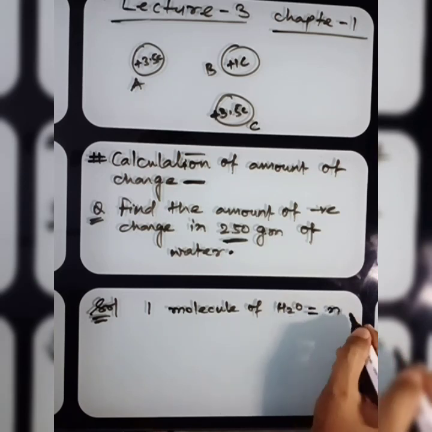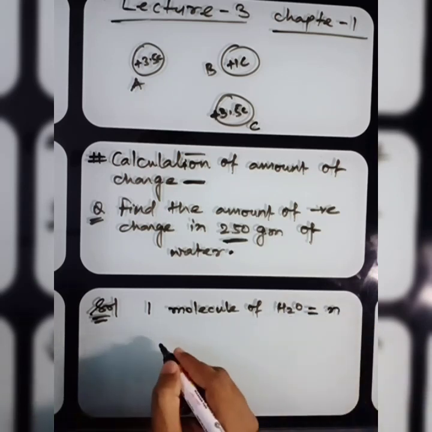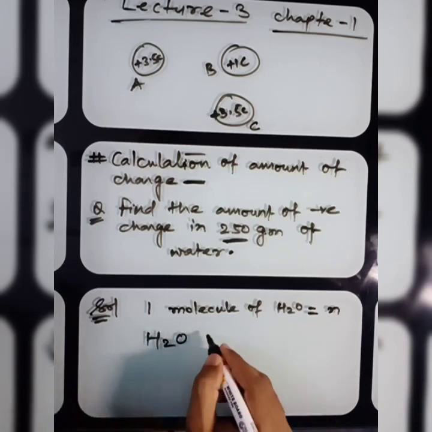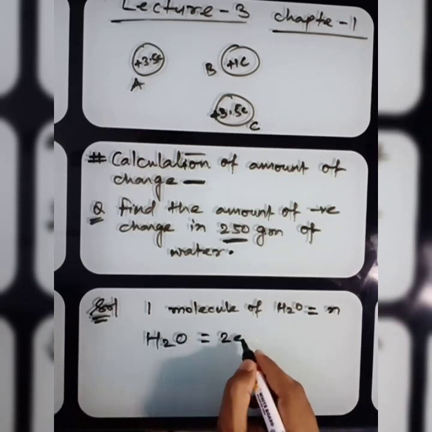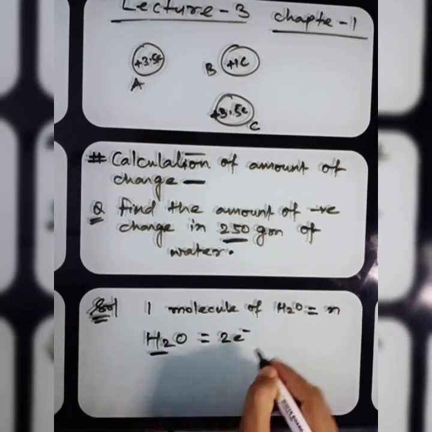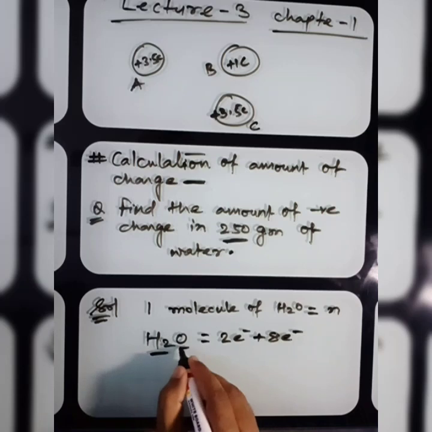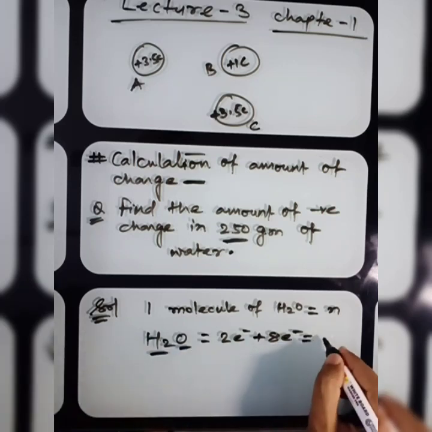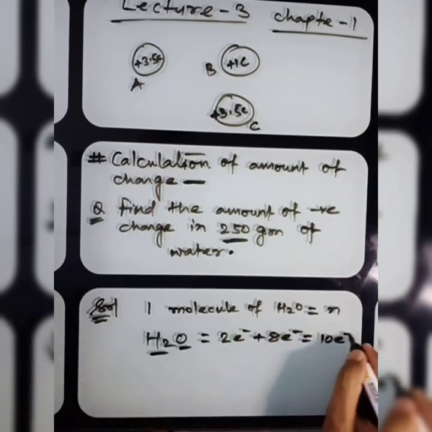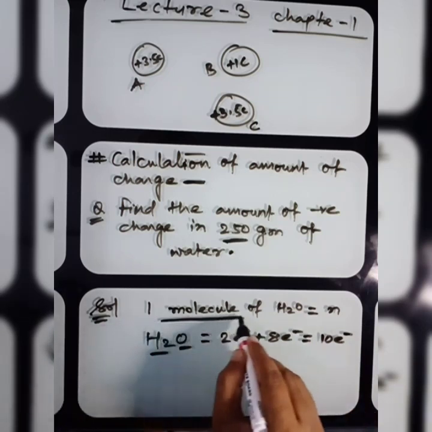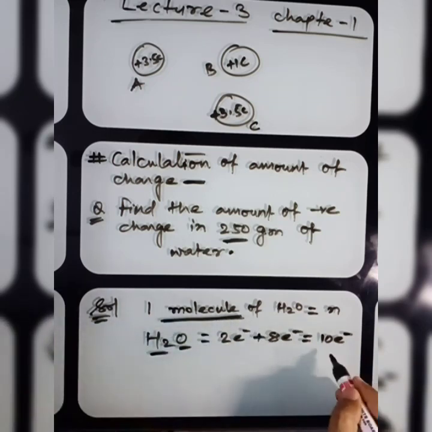H2O has 2 electrons of hydrogen and 8 electrons of oxygen. So we have a total of 10 electrons in 1 molecule.